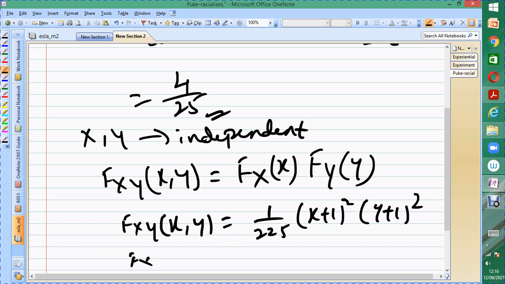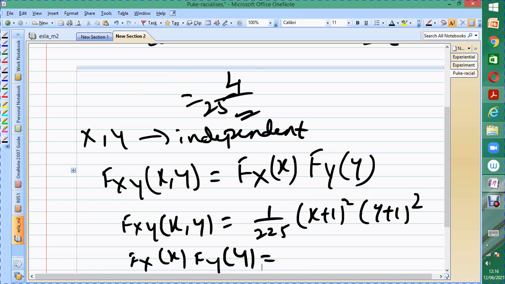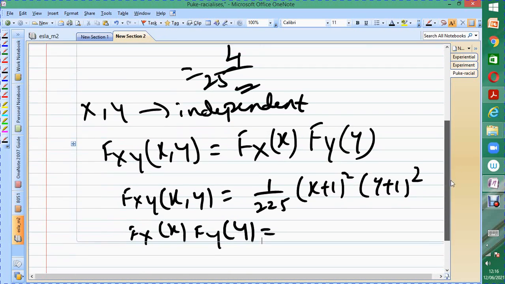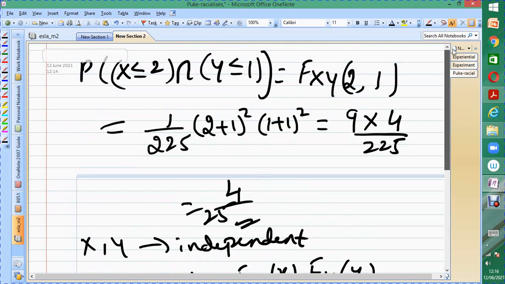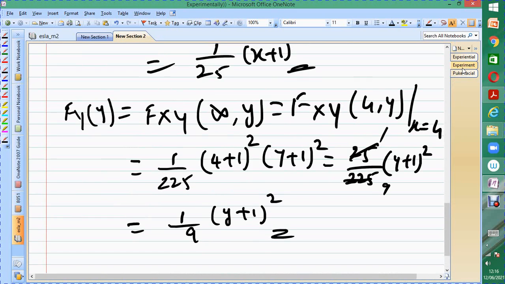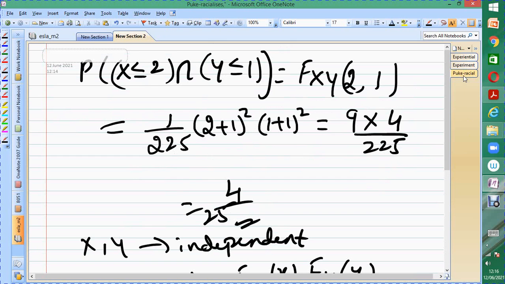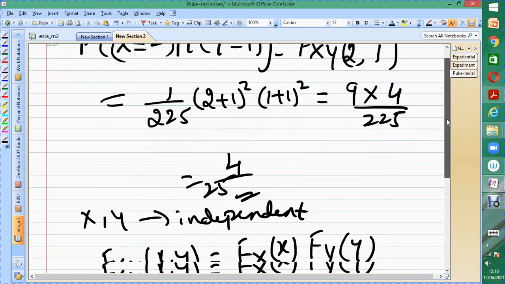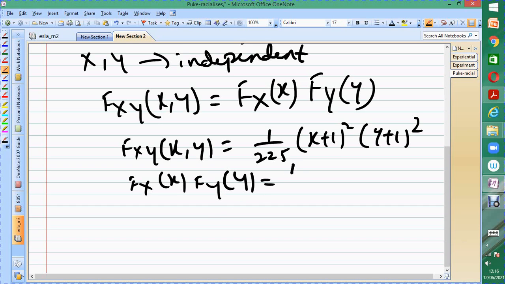And now considering F_X(x) into F_Y(y), substitute whatever F_X(x) and F_Y(y) we have obtained in the previous page. F_X(x) is 1 by 25 (x+1) whole square, and F_Y(y) is 1 by 9 (y+1) whole square.